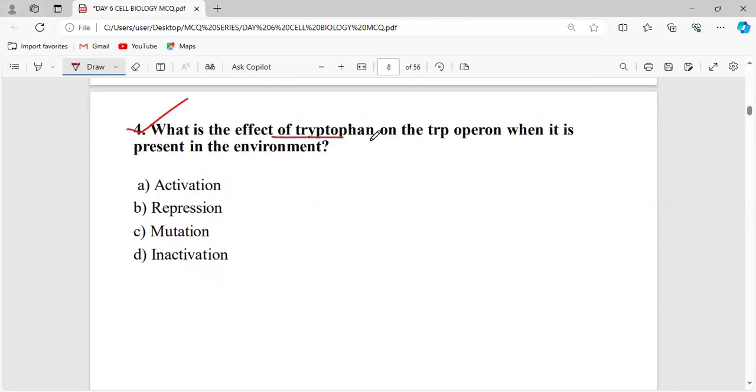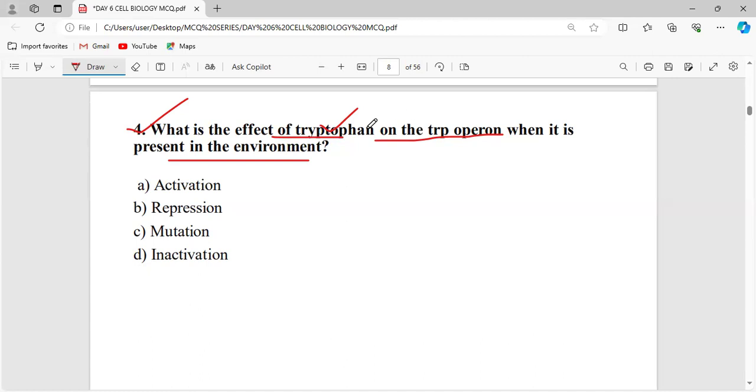What is the effect of tryptophan on the tryptophan operon when it is present in the environment? Here we can say this tryptophan is a co-repressor.